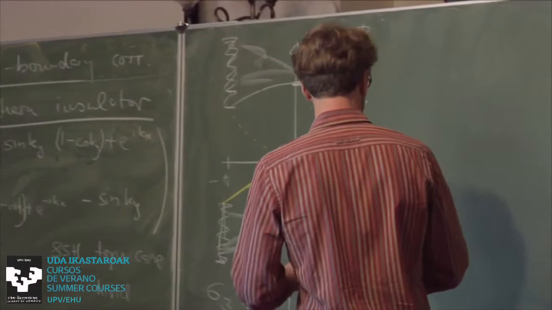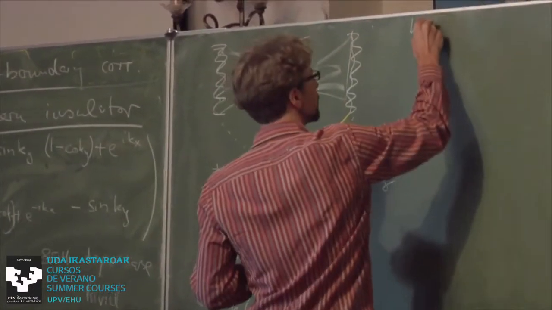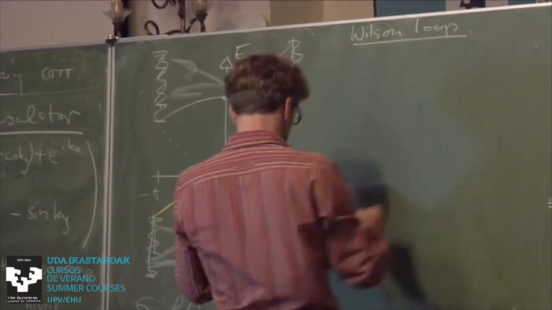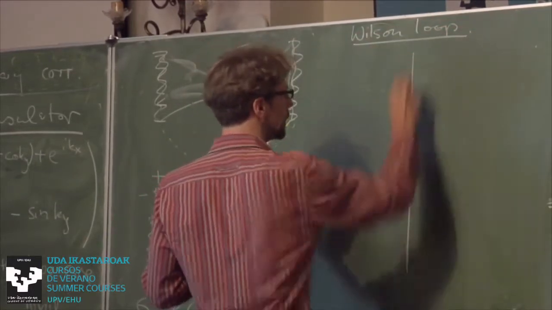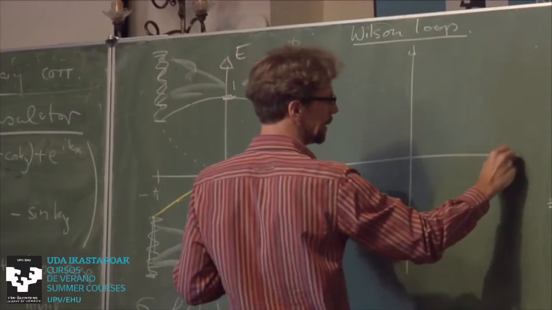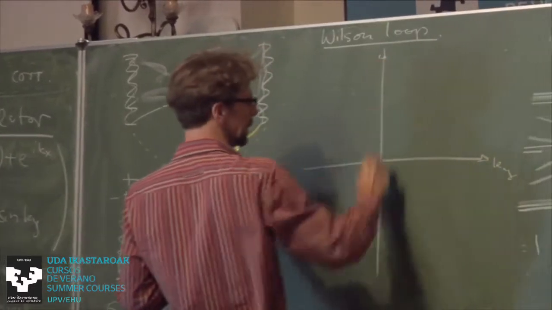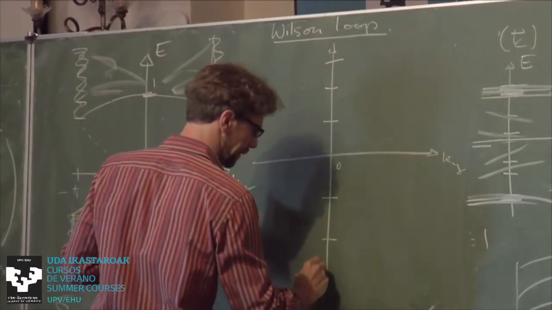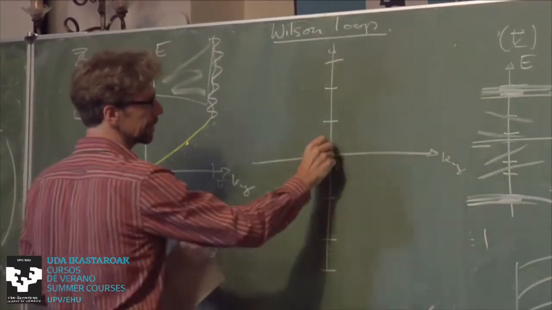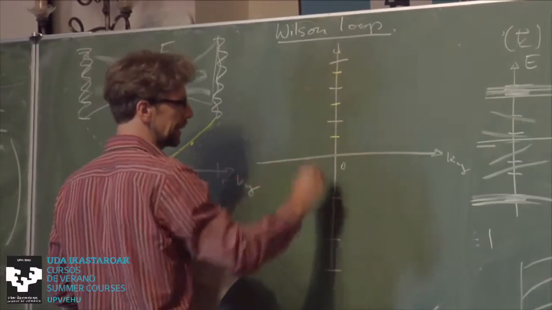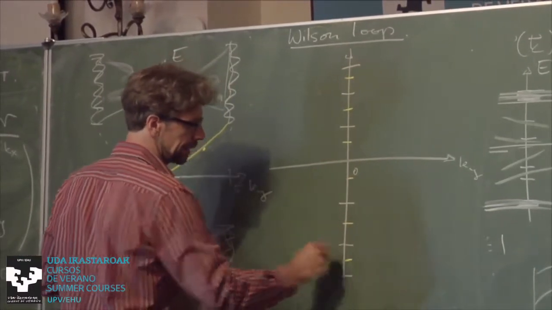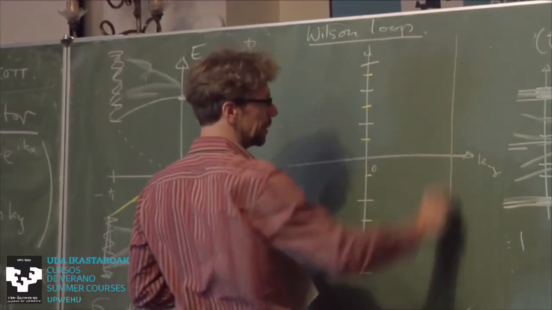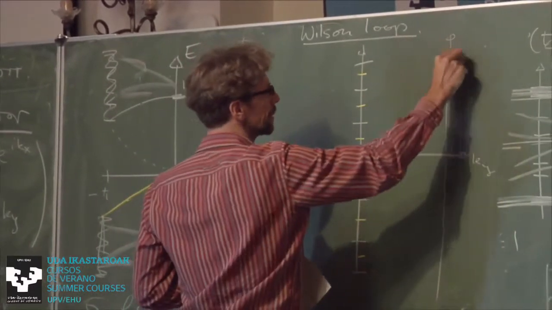And just to complete the picture of the Wilson loop, we know that, again, at ky equal to 0, we have this half quantization due to the SSH, right? So I put the 1/2s here, and this is where the eigenstates sit at the yellow bars, and the white bars are just the unit cells.